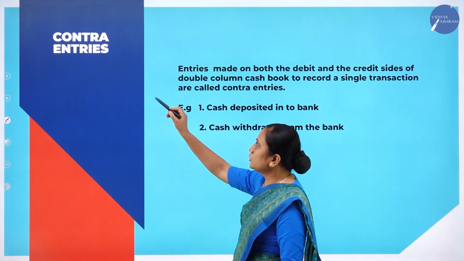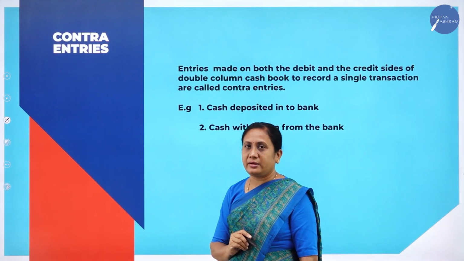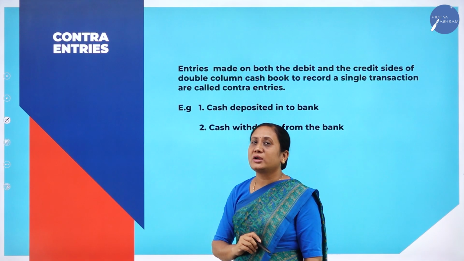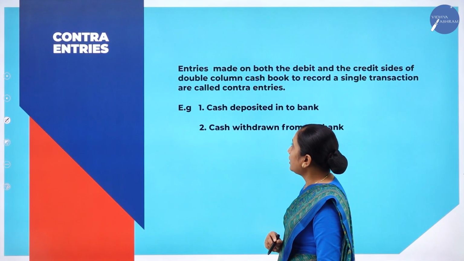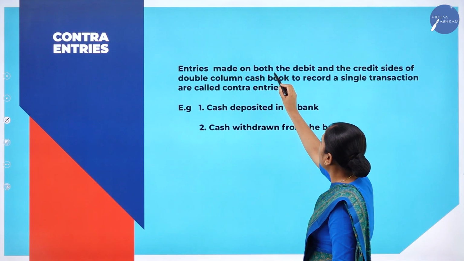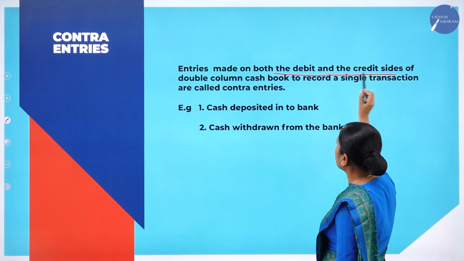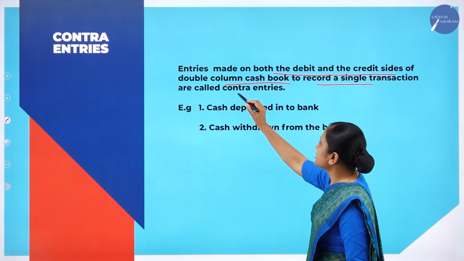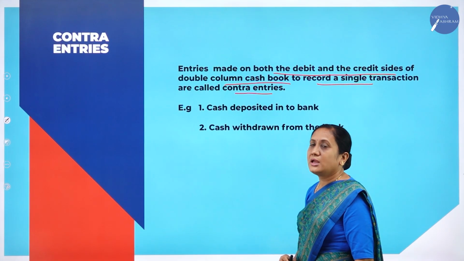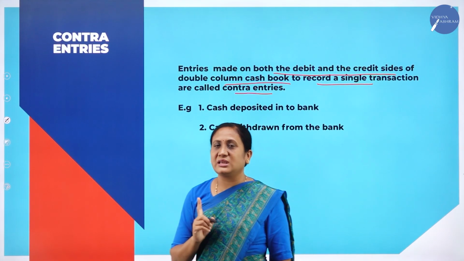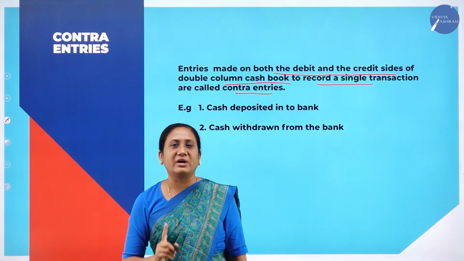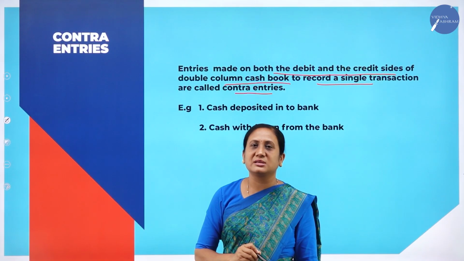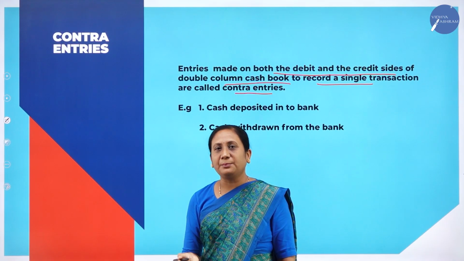Now, related to this, we should learn what are contra entries related to double column cash book. Contra entries are entries made on both the debit and the credit side of double column cash book to record a single transaction. For one single transaction, generally we make one entry, either on the debit side or on the credit side, that means either on the receipt side or on the payment side.